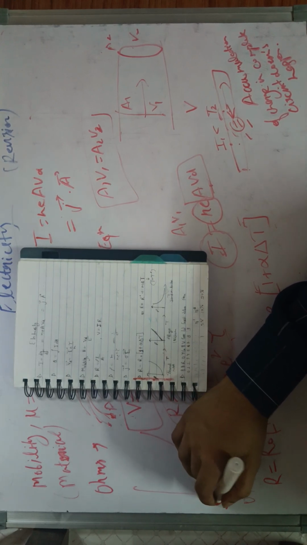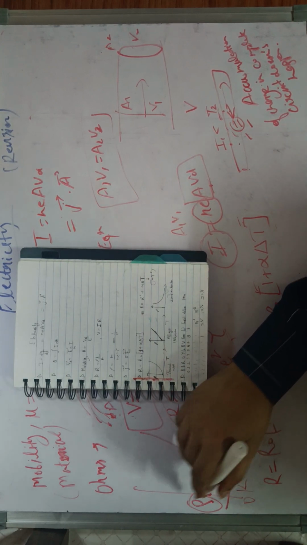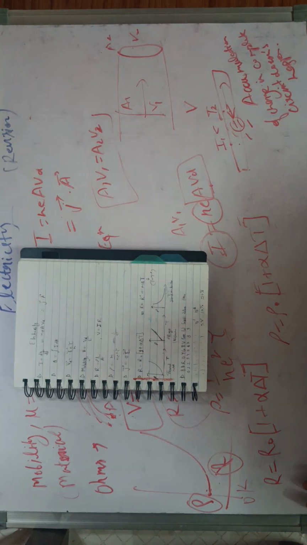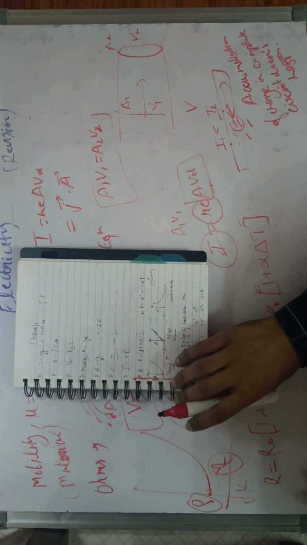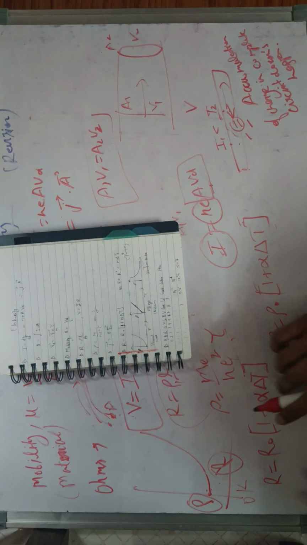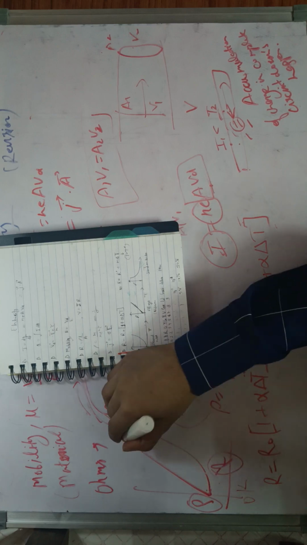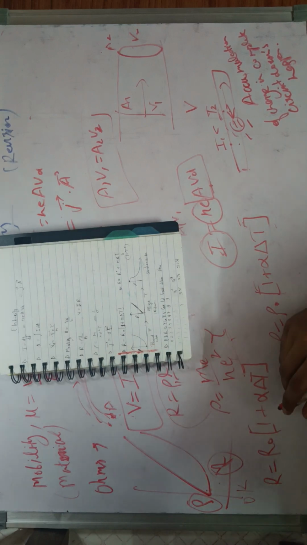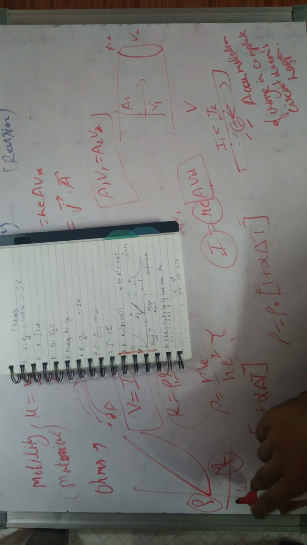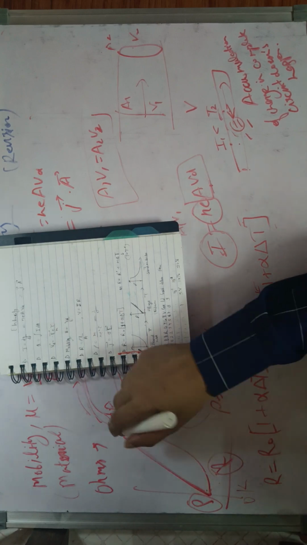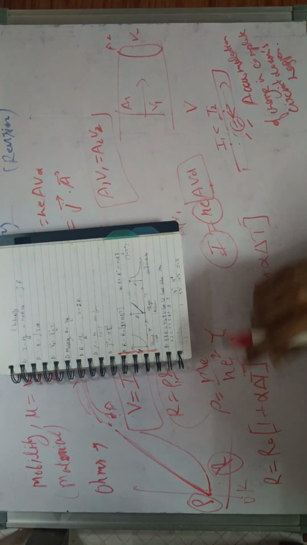But alloys are made in such a way that they follow this directly proportional relation, so their graph of resistivity becomes straight. As the temperature increases, their resistivity also increases linearly.